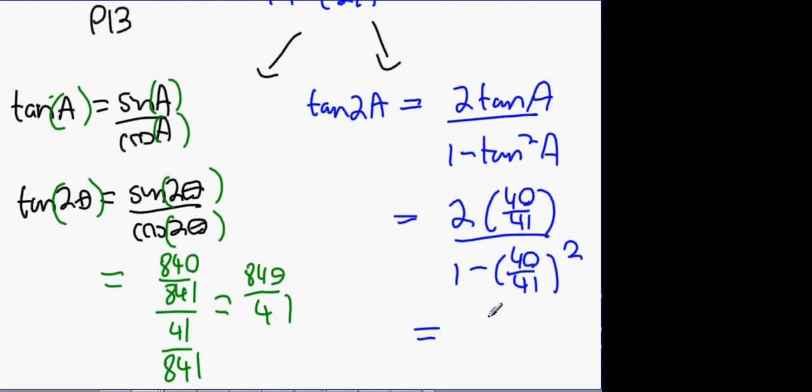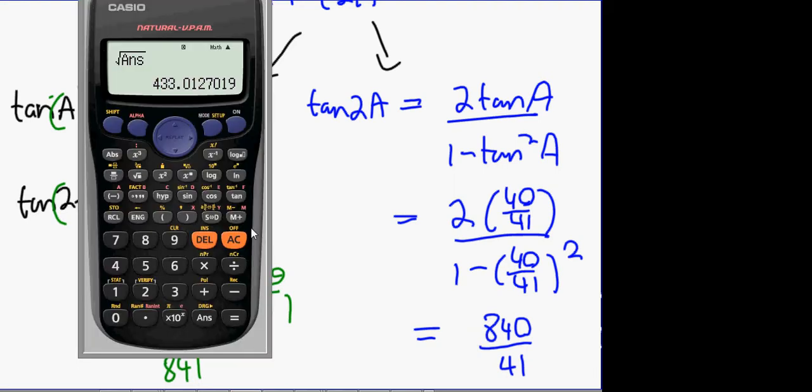840 over. It's very hard to do that in your head. Anybody get that? Yep. 3280 over 81. Okay, let's try it out here. 2 times 40 over 41. Close bracket.